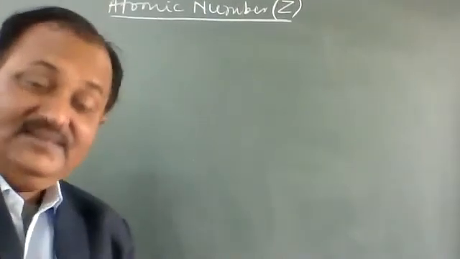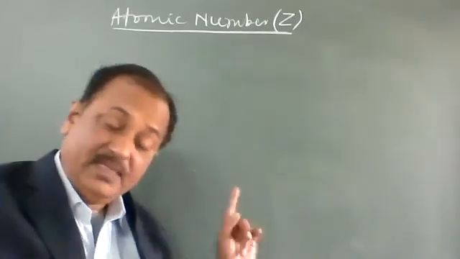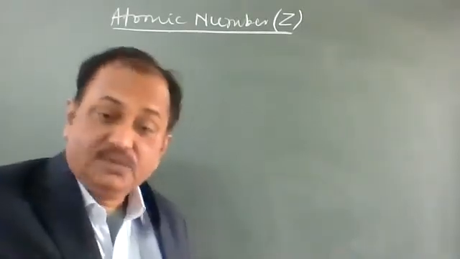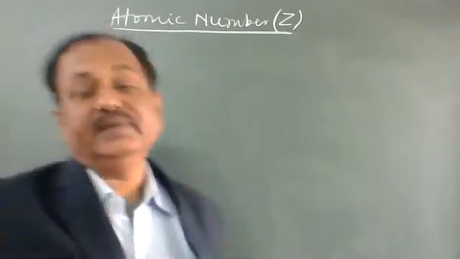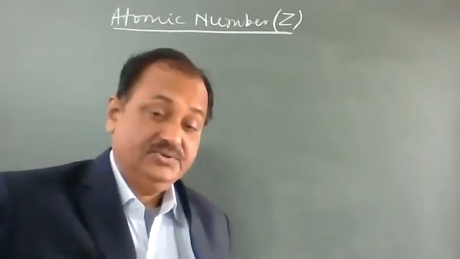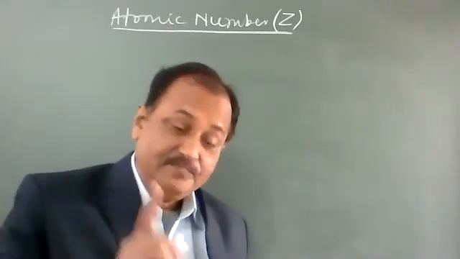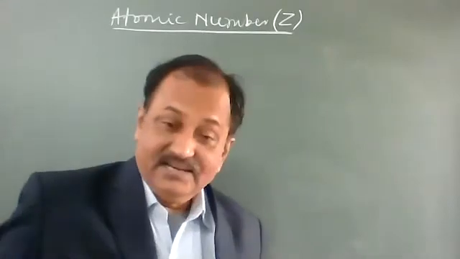We write Z as the symbol. Now, the point is, what is atomic number? Actually, atomic number is nothing but the number of electrons or the number of protons. Basically we take the number of electrons.